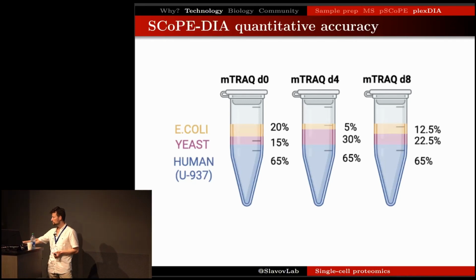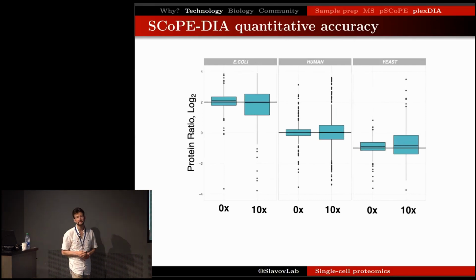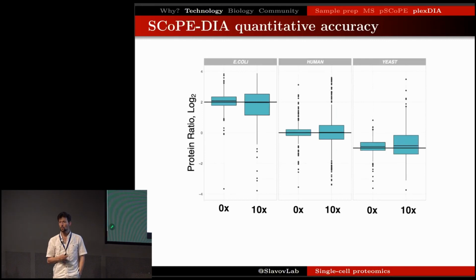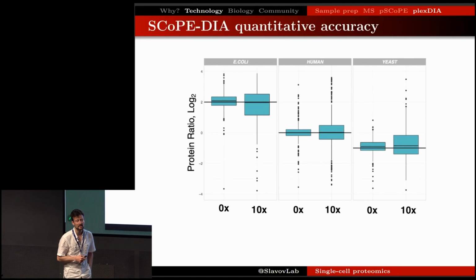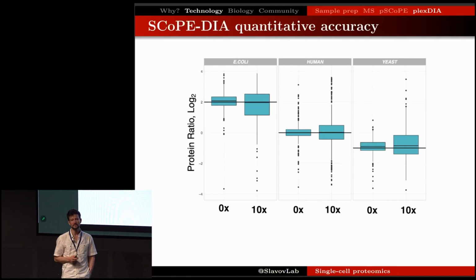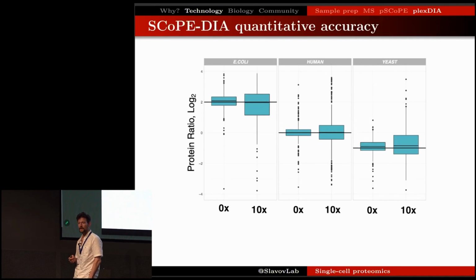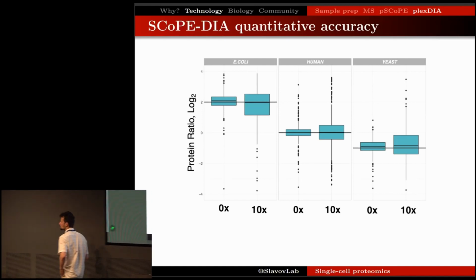So we used mixed species benchmarking and Luke Khoury actually did those experiments to try to develop data acquisition schemes and analysis schemes to preserve quantitative accuracy. And here I show one example of such experiment where Luke used a carrier sample that was labeled with the heaviest label, delta 8 of mTRAQ. And that increased protein coverage about twofold while preserving the quantitative accuracy.